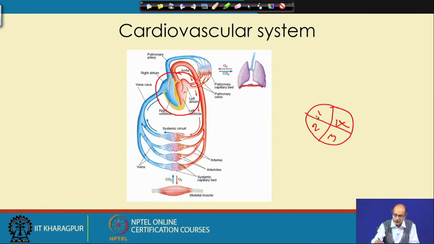Okay. These 4 chambers, the upper chambers, are the atria. The upper chamber receives oxygenated blood from the lung and discharges it to the lower ventricle.